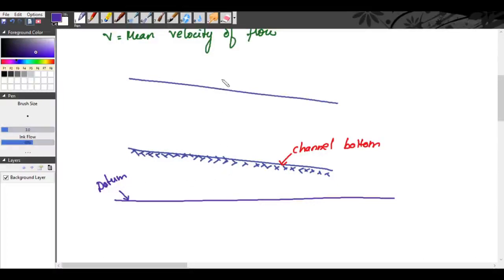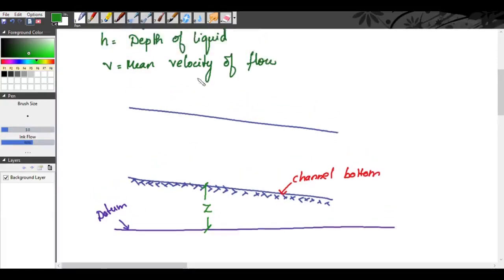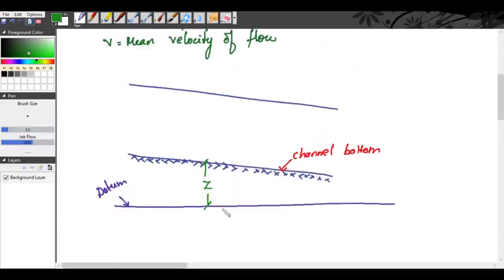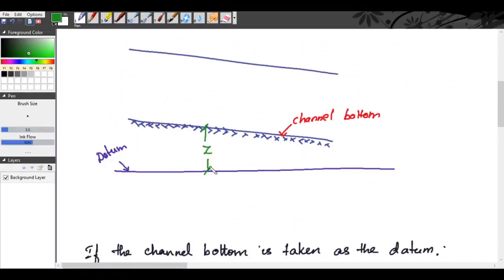When you take any cross section, the datum head will be taken from the datum, that is, the distance of the channel bottom from the datum. That is Z. Z is equal to the height of the bottom of the channel above the datum.